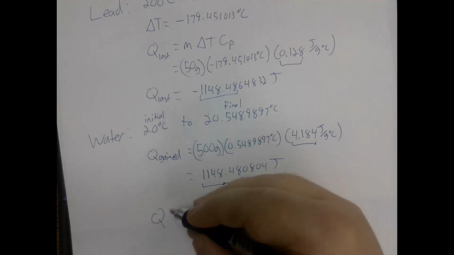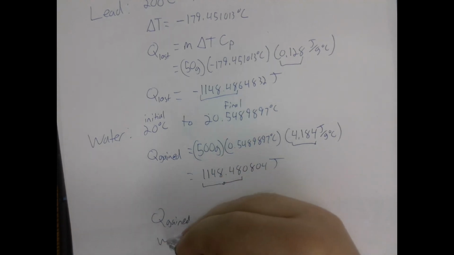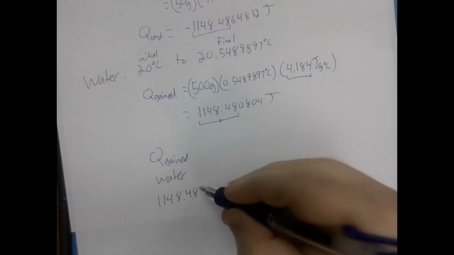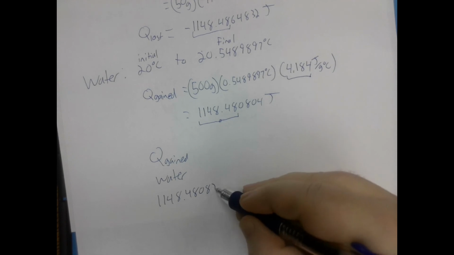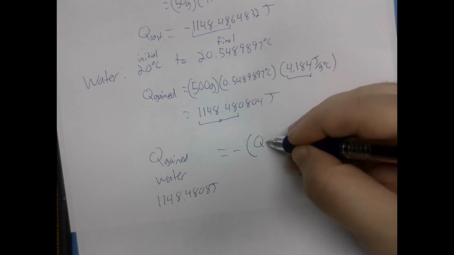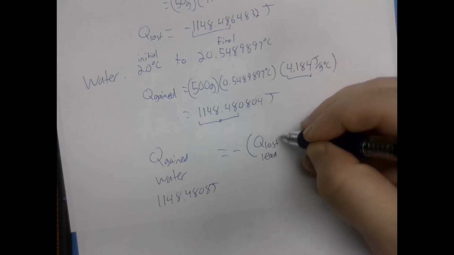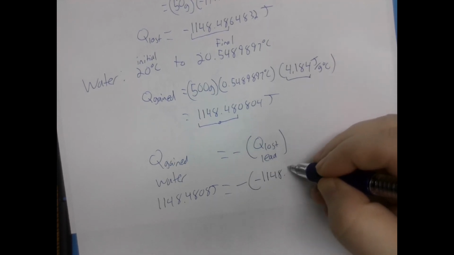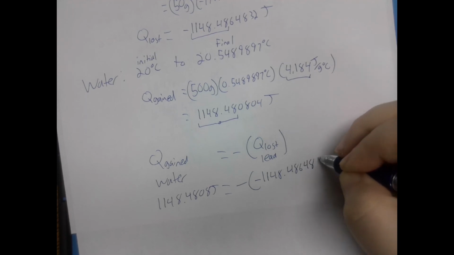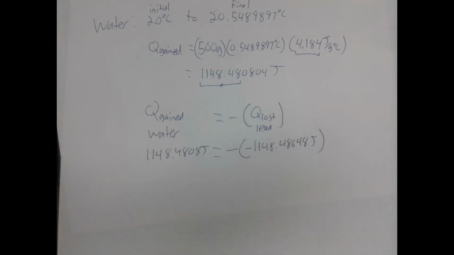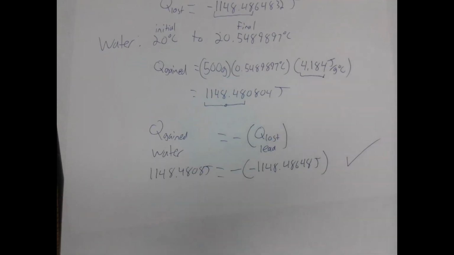So the heat gained by the water was 1,148.4808 joules, and equal to negative Q lost by lead, which is negative 1,148.48648 joules. These numbers are about the same, right? So this confirms that my answer is correct.